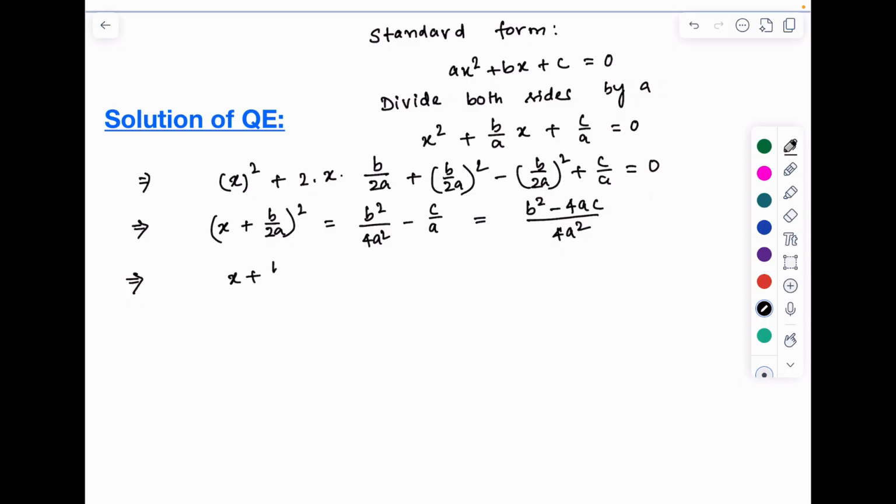Now taking the square root of both sides, x plus b by 2a will be equal to plus minus the square root of b square minus 4ac, divided by 2a.